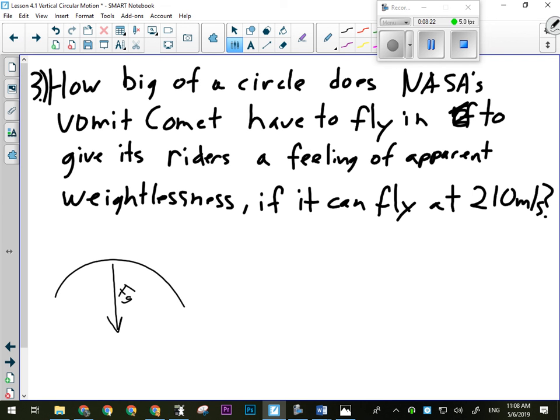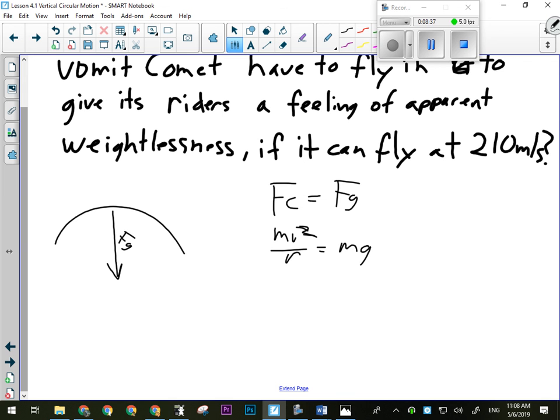Okay, so I'm back to Fc equals forces in, Fg, minus forces out. There aren't any. So I really just have mv squared over r equals m times g, and I'm looking for how big the circle is. So I'm trying to solve for r. I'm going to bring r over here and divide both sides by mg. So I'm just going to have v squared over g as my formula, equals r.